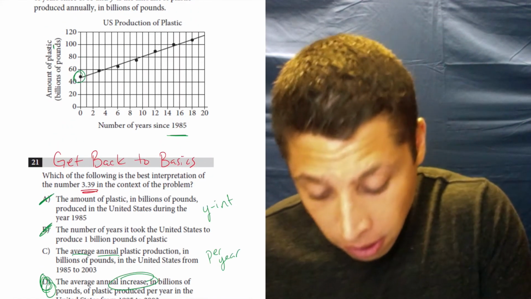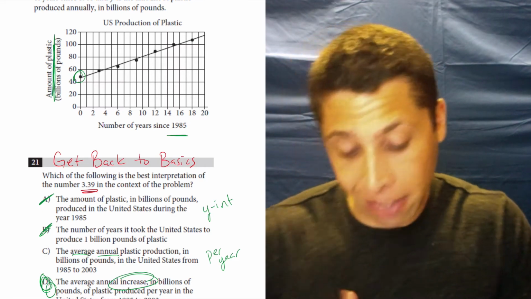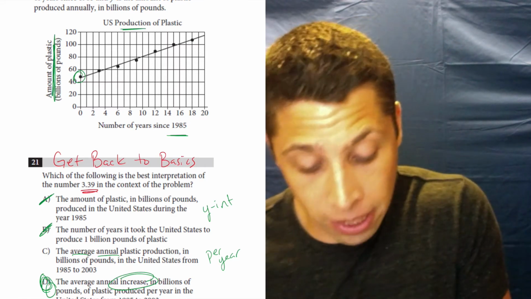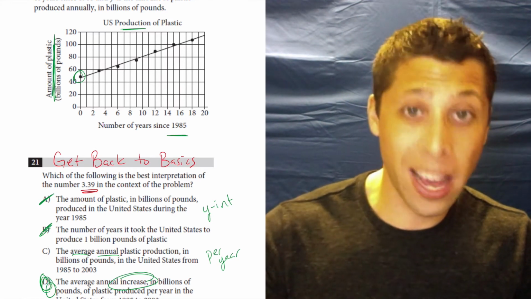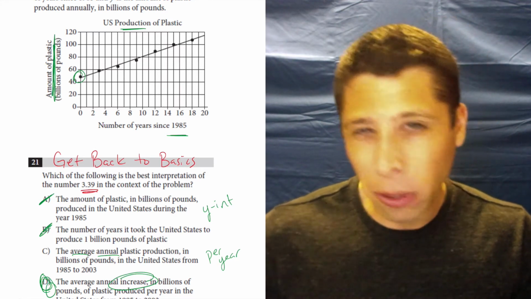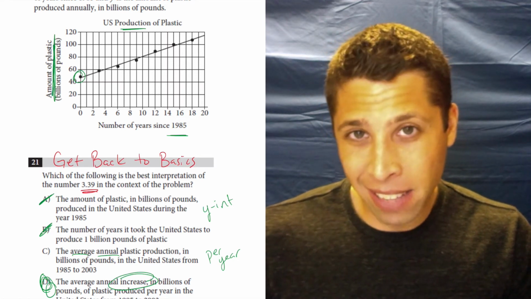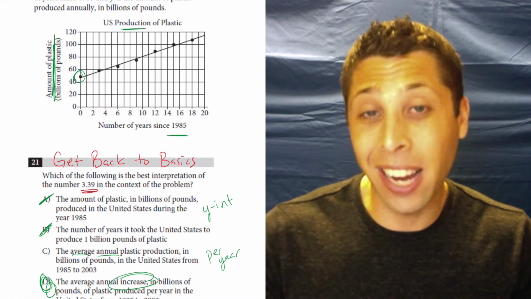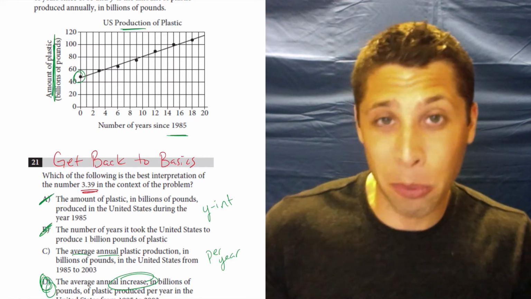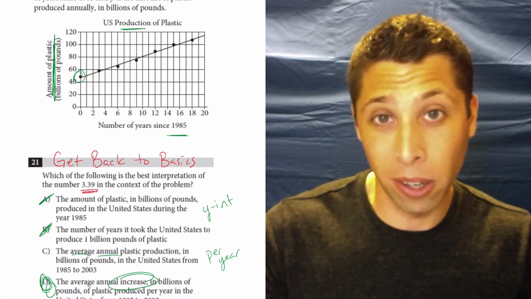The points tell us the amount of plastic produced. Right? Amount of plastic produced. And notice where those points are. They're all greater than 40,000. So 3.39 is not the right amount. It's 40 billion rather. Sorry, 3.39 billion isn't right because look at all the points. They're at 40 billion or more.